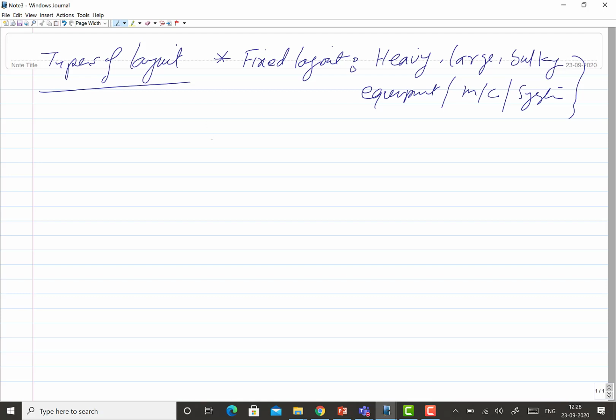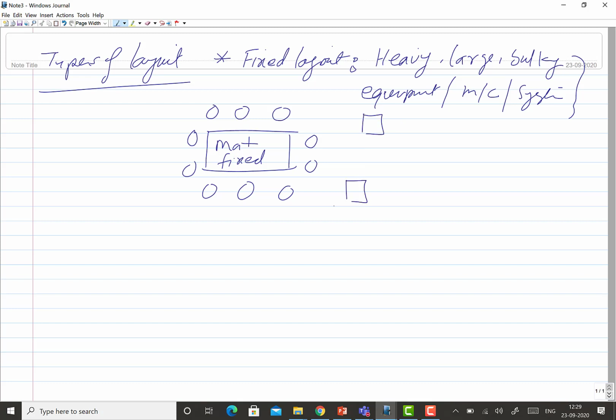Here basically the main material remains fixed, and the various men or operators will be working all around it, and the various facilities will be brought in close to the material being processed.